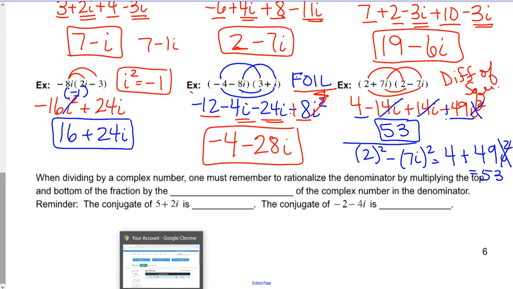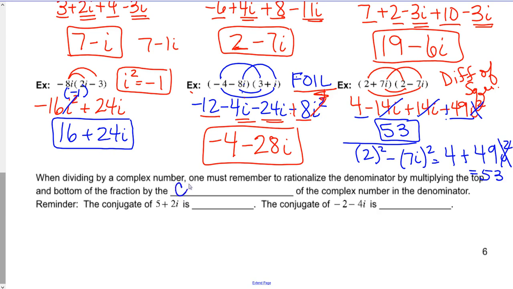So when we had radicals in the denominator, we had to get those out. So when dividing a complex number, one must remember to rationalize the denominator by multiplying the top and the bottom of the fraction by what we refer to as the conjugate of the complex number in the denominator.